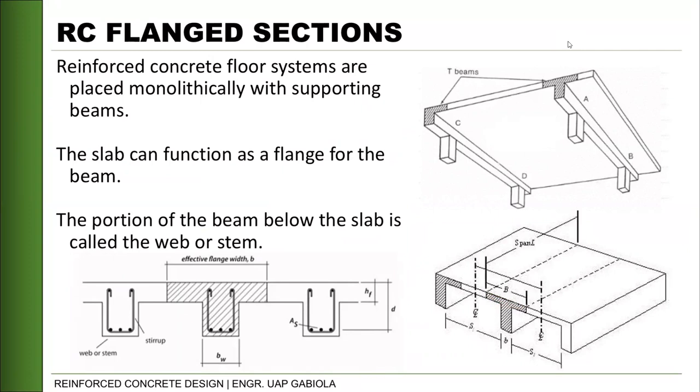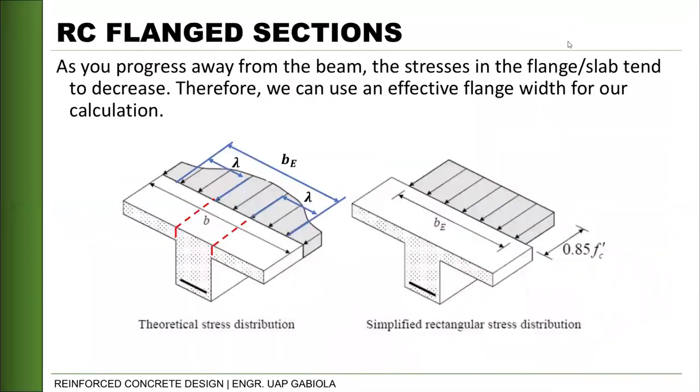Okay? And, yan. So, yung performance nung stresses when it comes to T-beams is as shown, ano? And, mapapansin natin, habang lumalayo tayo, yung overhanging flange natin is away from our face ng web natin, ng beam natin.